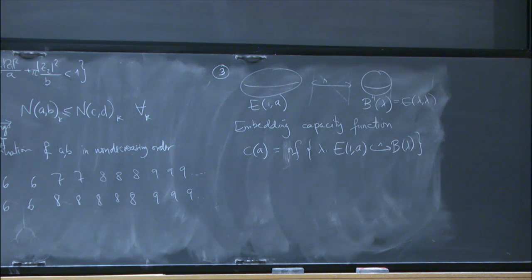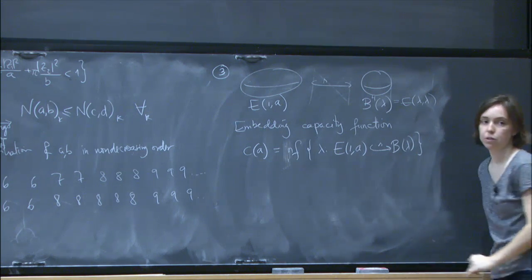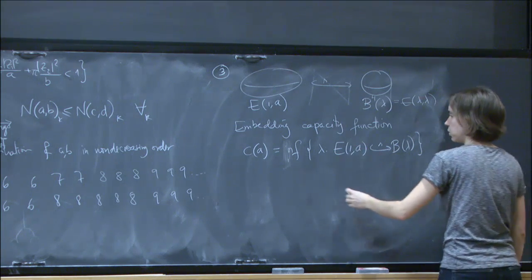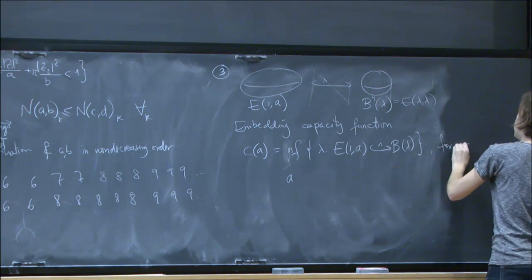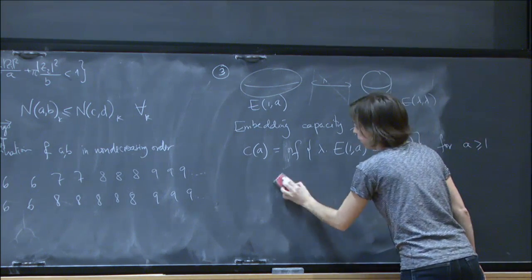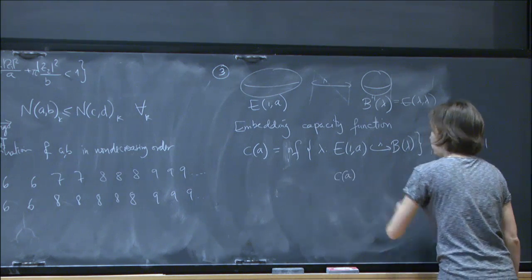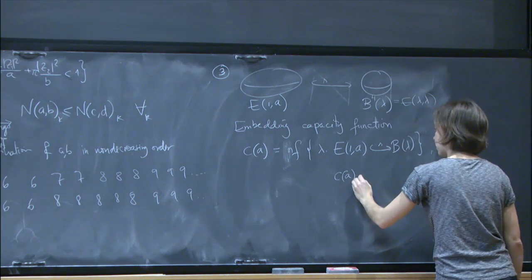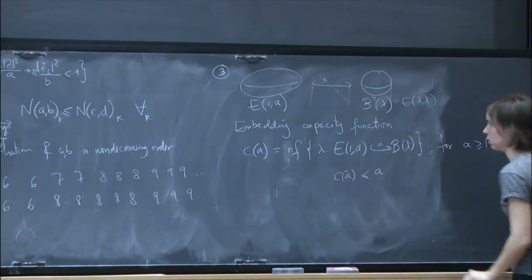A couple of quick observations are that for symmetry reasons, you might as well assume that A is bigger than or equal to 1, because for A smaller than 1, you just think of the symmetric problem. Another quick observation is that C of A is always smaller than or equal to A, right?